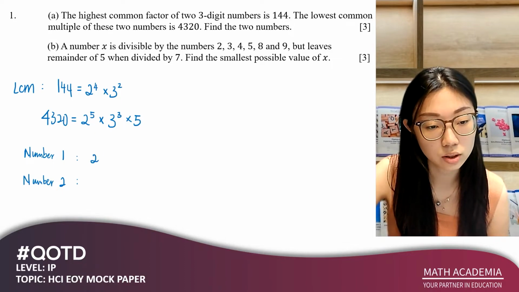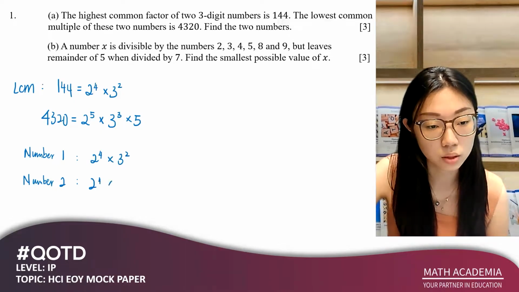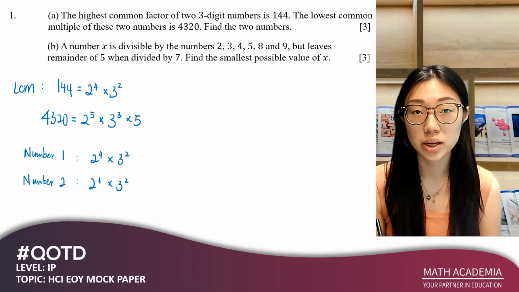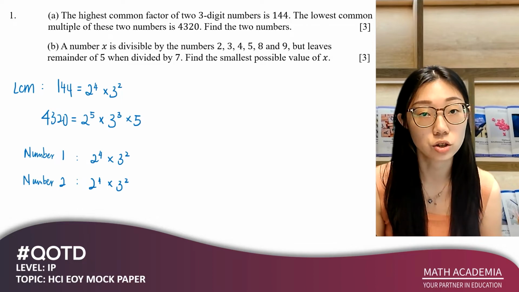So let me write down 2 to the power of 4 and 3 to the power of 2, 2 to the power of 4 and 3 to the power of 2. Okay, so 144 must be a factor of these two numbers. Okay, so now we have a foundation.